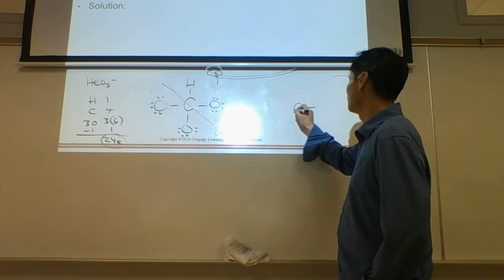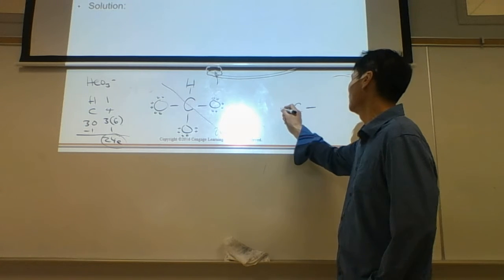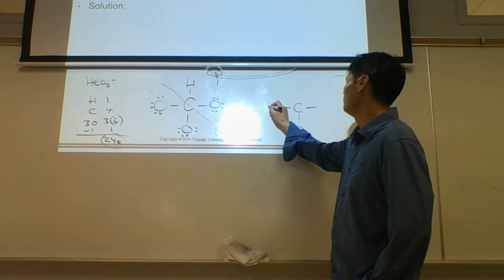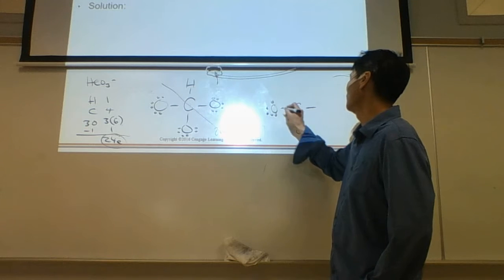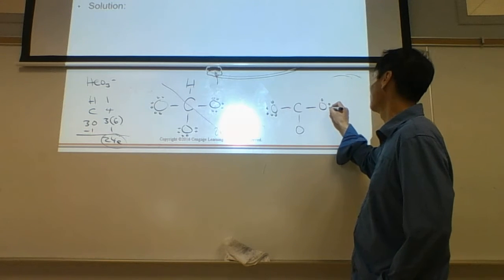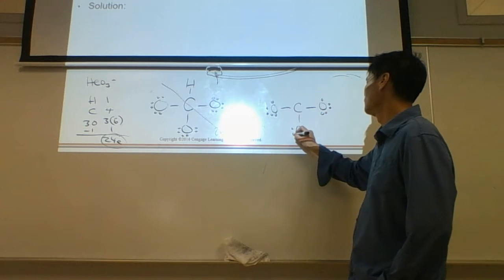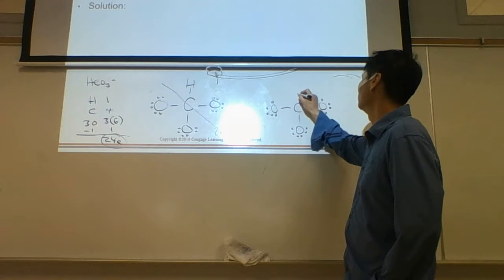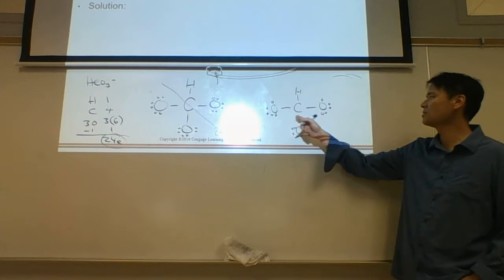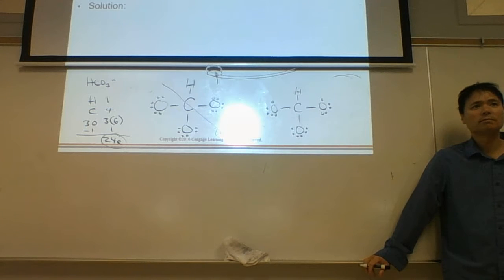So I have a choice here. Maybe to be fair, I'll just take off 1 electron off this oxygen and 1 electron off this oxygen to try to be as fair as possible. And so if I take 1 off this oxygen, 1 off this oxygen, is that okay? No, this is not okay.